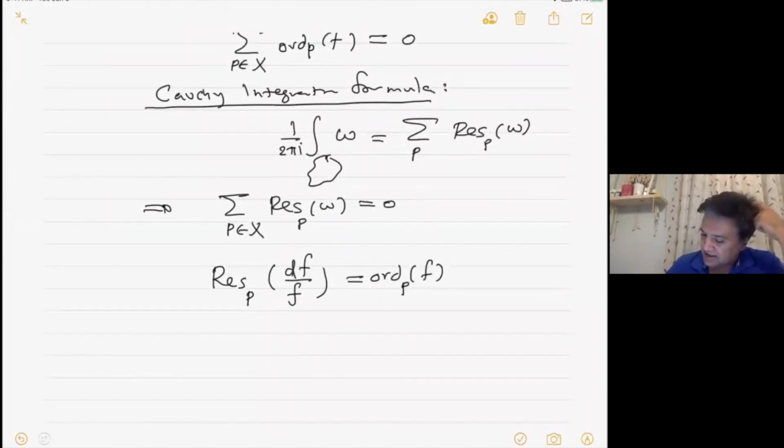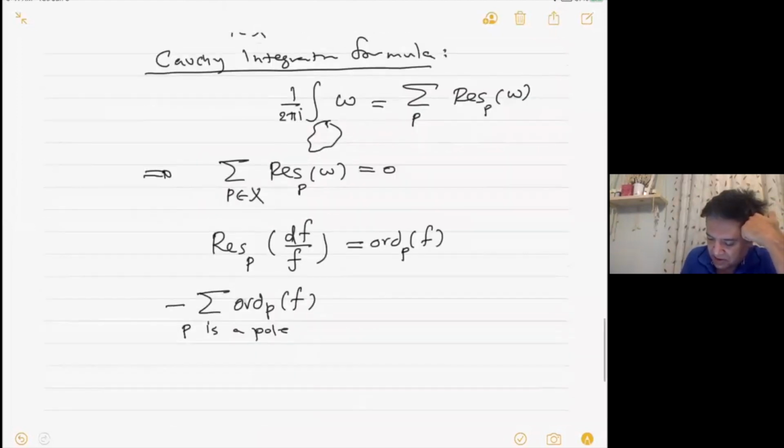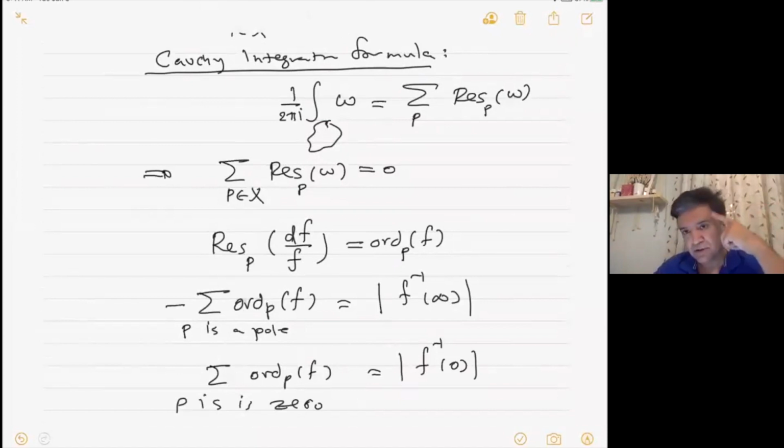Now, how do we see this in an algebraic way? Well, the sum of ord_p(f) when p is a pole, with the negative sign, or the sum of ord_p(f) when p is a zero, is in fact nothing but the order of f inverse of infinity, or the order of f inverse of 0, but counting these points with multiplicity.